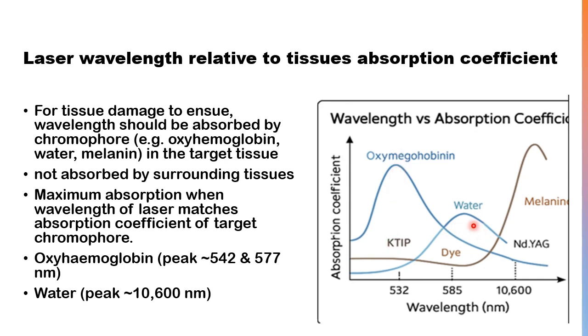Something similar happens with carbon dioxide and water. The absorption of water peaks above 10,000 nanometers, which is around the wavelength of the carbon dioxide laser. So this gives preferential absorption either to hemoglobin in the case of KTP, or to water molecules in the case of carbon dioxide.